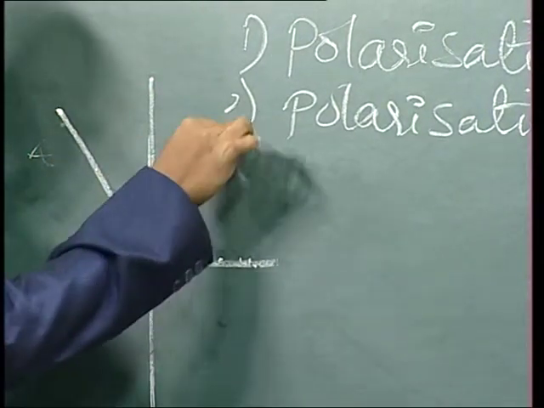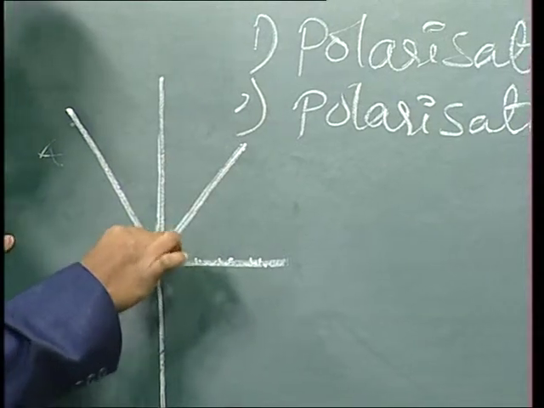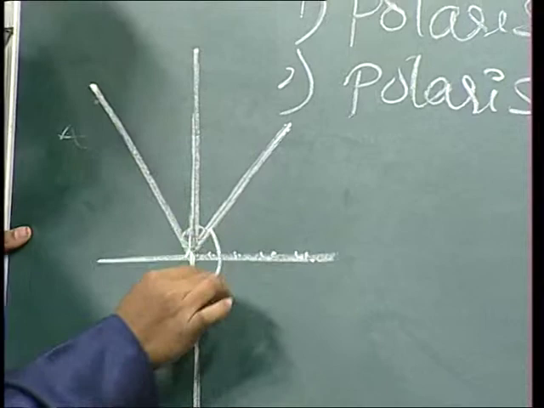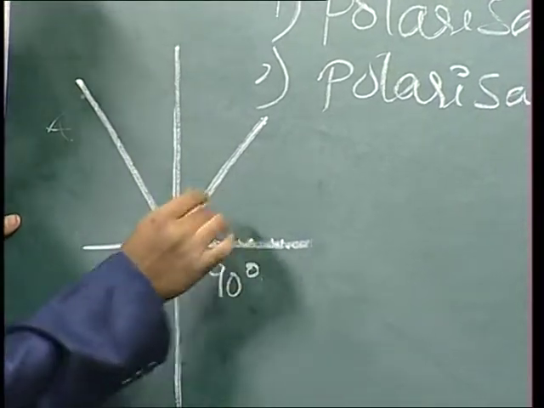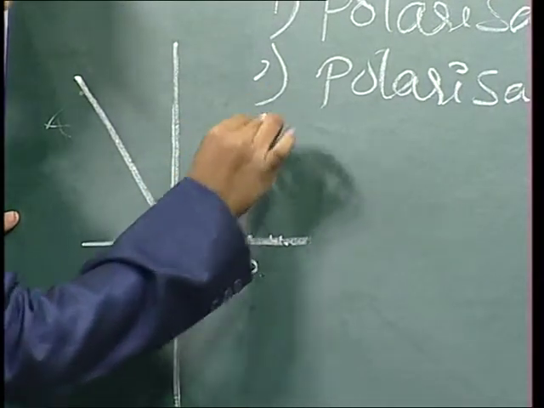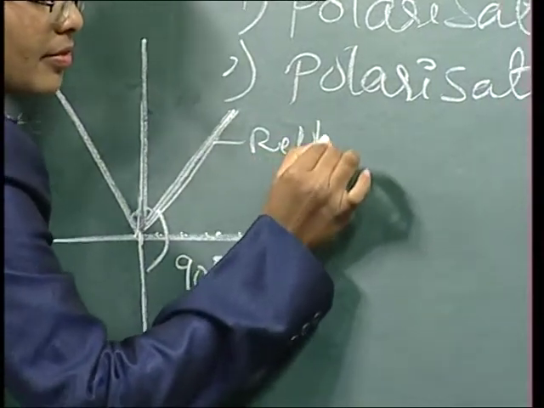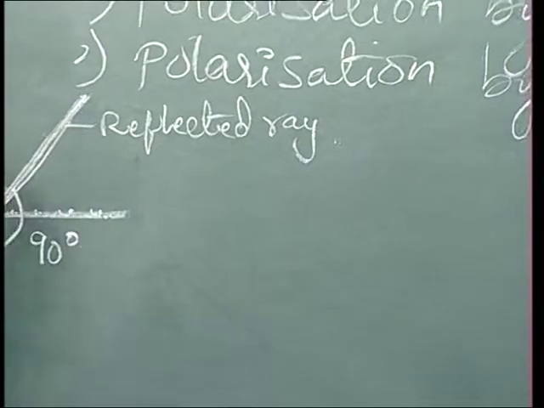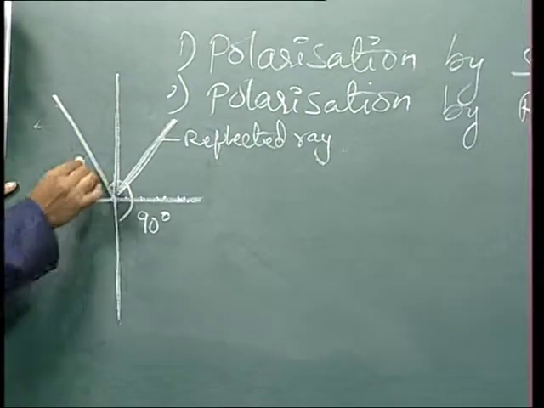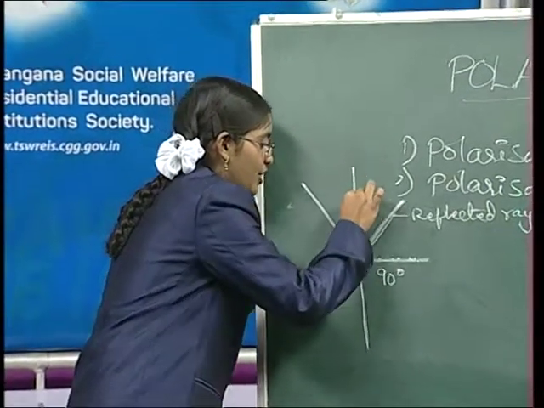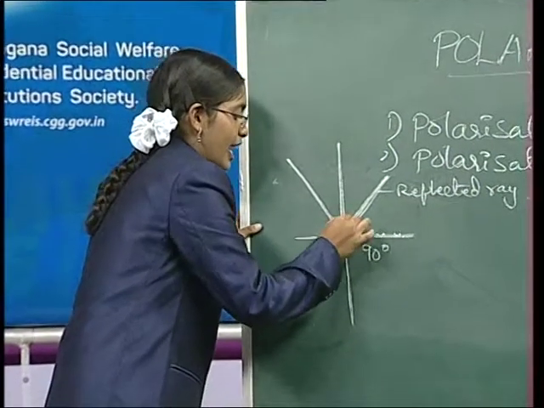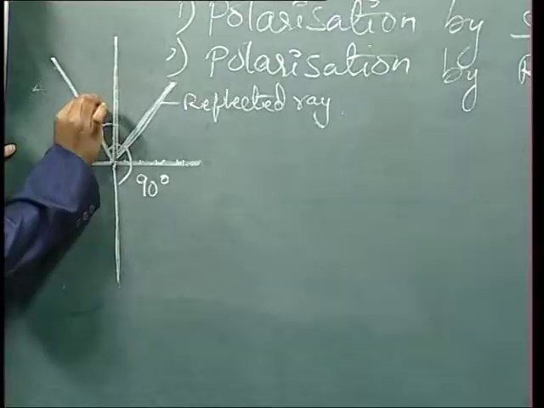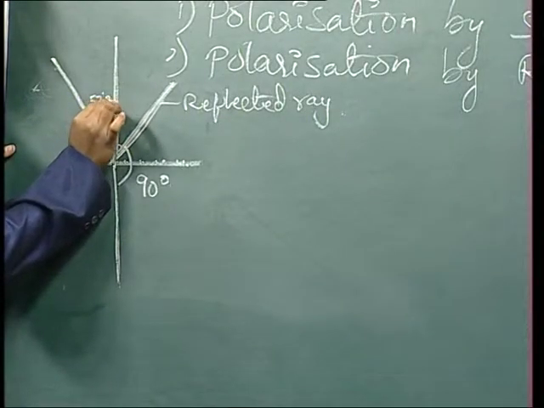If this reflected ray is exactly perpendicular to the refracted ray, with an angle of 90 degrees, then this reflected ray is called polarized light.